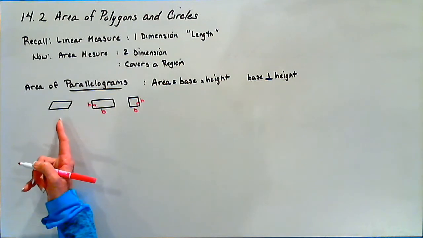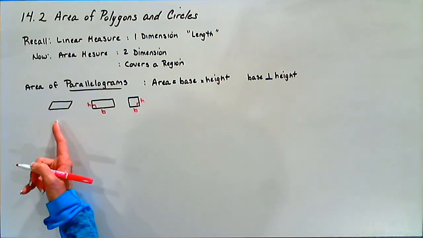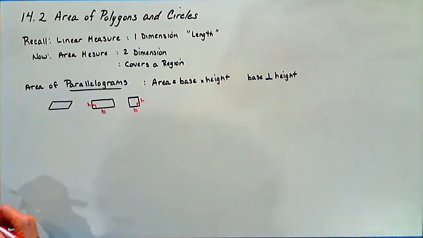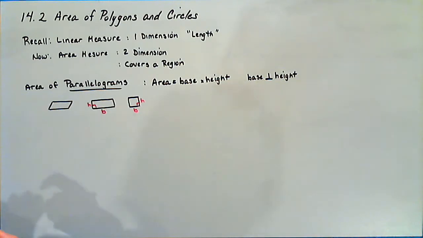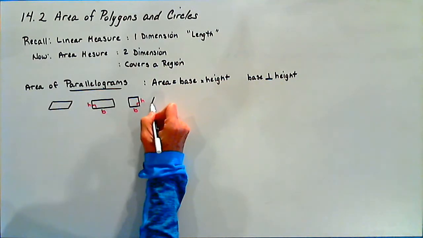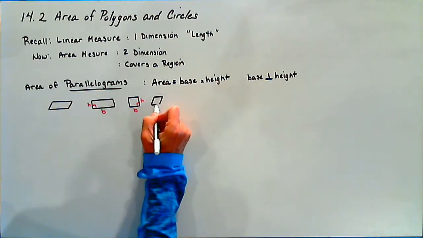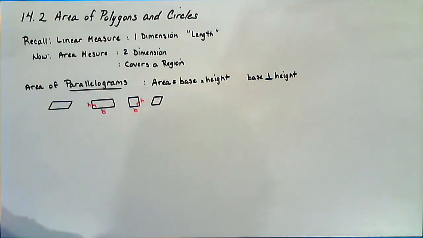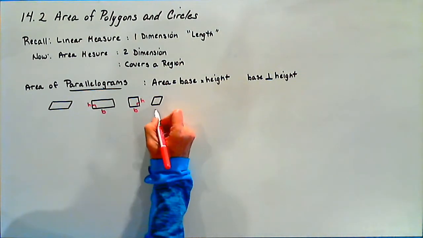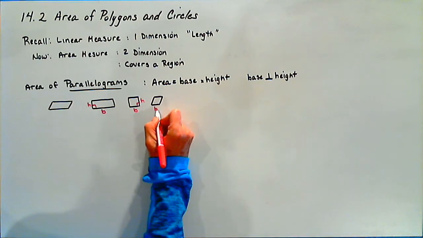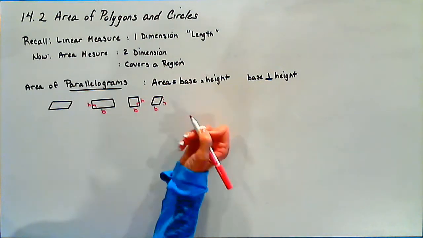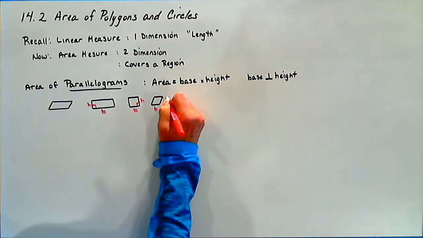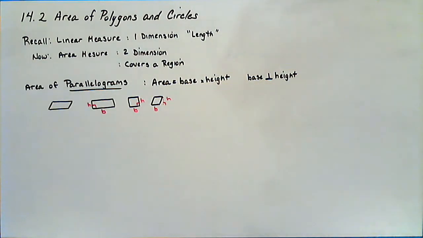With a parallelogram that is kind of pushed over, I guess I could have put a rhombus on here as well, because it's just a square that's been pushed over. So let's add the rhombus in here. Remember, in a rhombus, all four sides are the same. So with a rhombus, I have a base, and I would need to drop a perpendicular in order to call that the height.